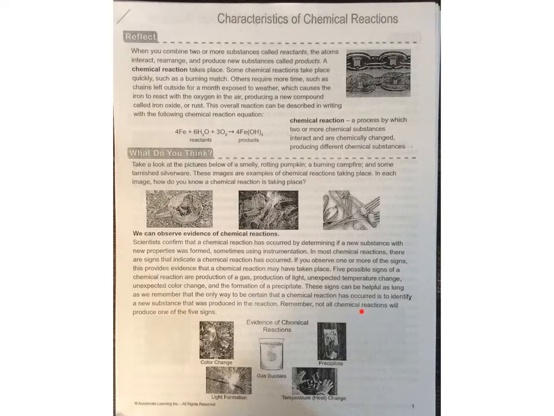Remember, not all chemical reactions will produce one of the five signs, but these are five different signs of chemical reactions. Here's one: color change, fall leaves, a precipitate, light here, and then here we see heat change, and then of course gas with the bubbles.